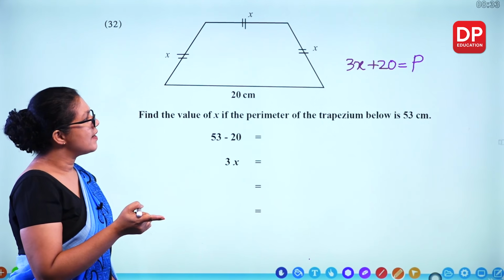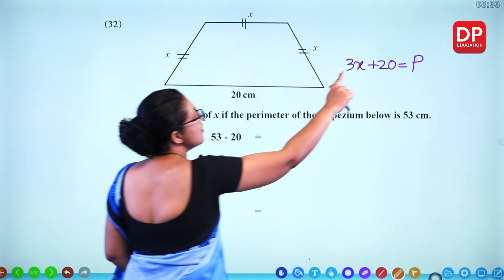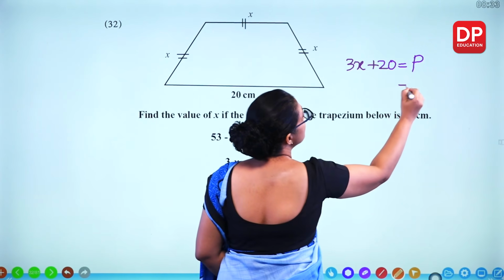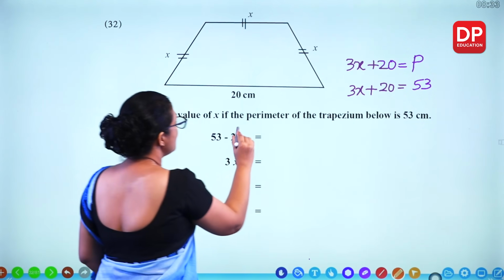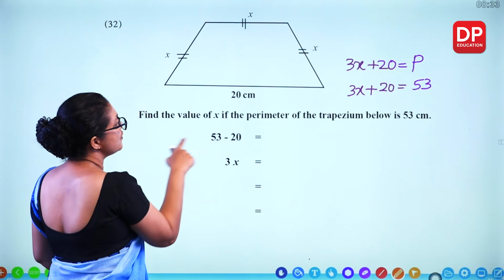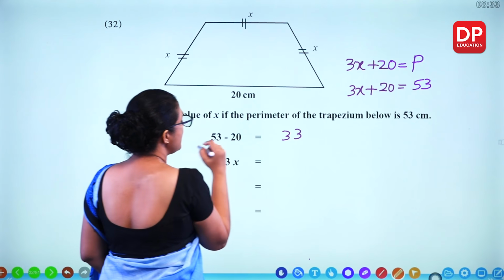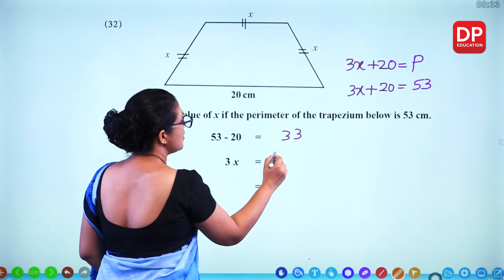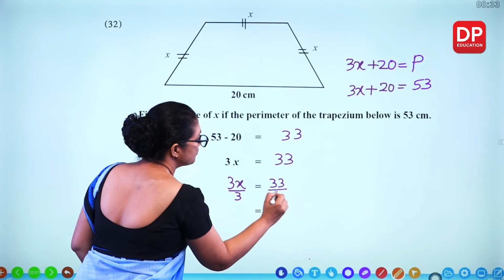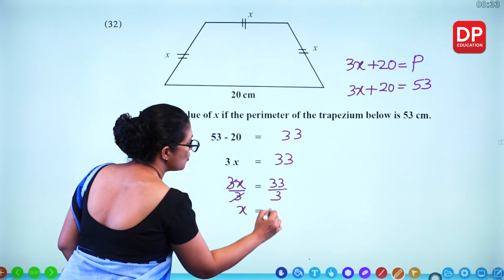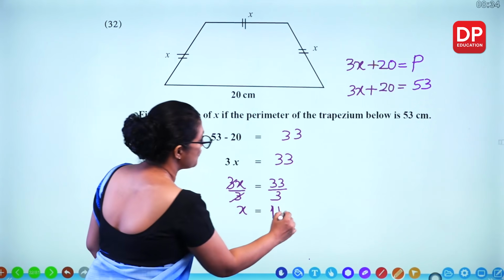Now perimeter is given as 53. So what can you do? Subtract 20 from both sides. You get 3x. So 53 minus 20, you get 33. So 3x is equal to 33. How do you find x? You divide by 3. x is equal to 11. So what's the unit? Centimeters.